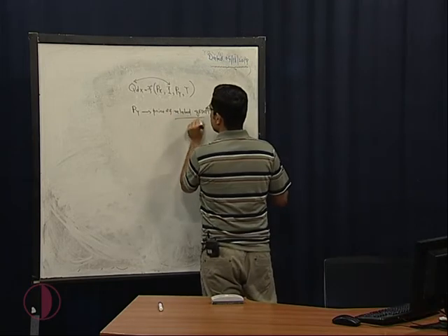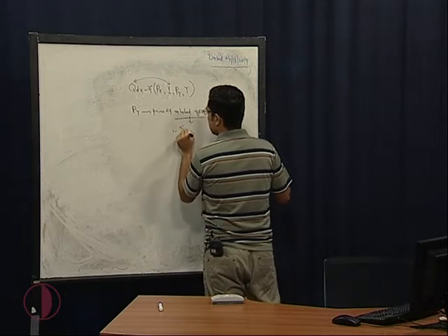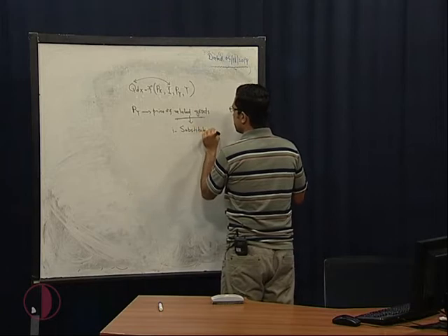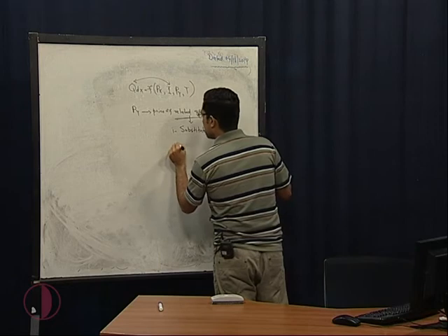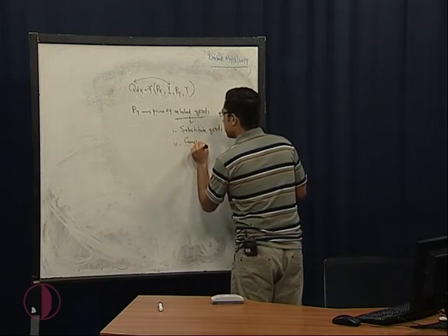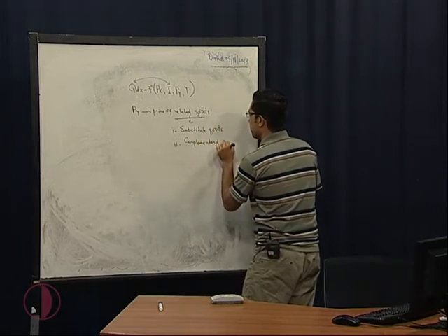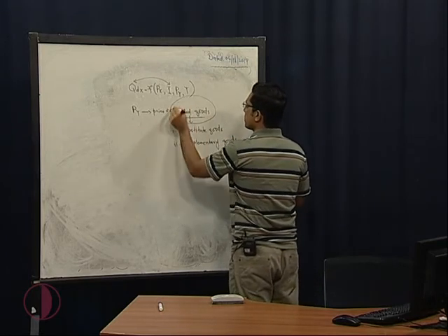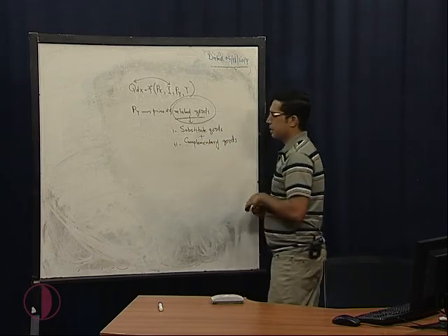Related good means substitute goods, complementary goods. It means that related goods is the combination of substitute goods plus complementary goods.